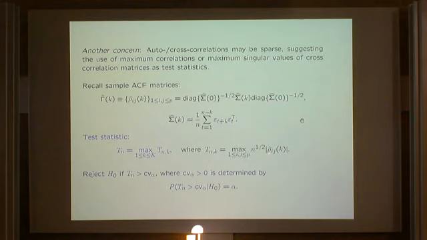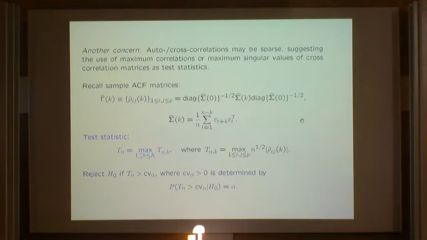Why do we do that? Because we know under H naught, say white noise with some additional condition, this quantity is asymptotically normal.